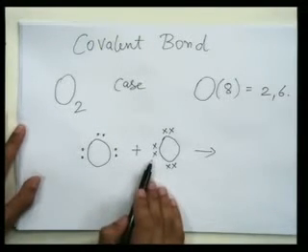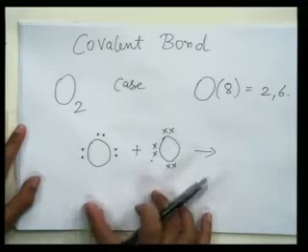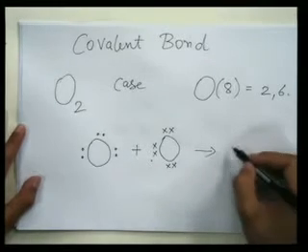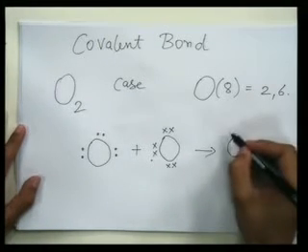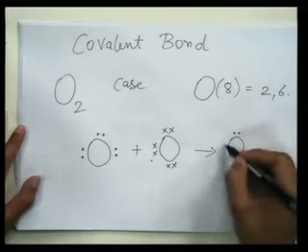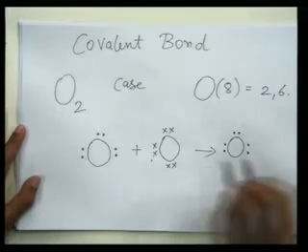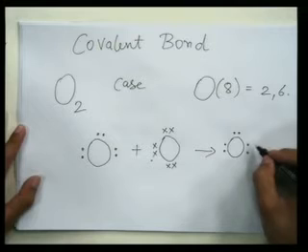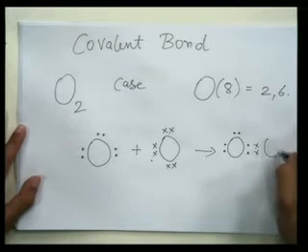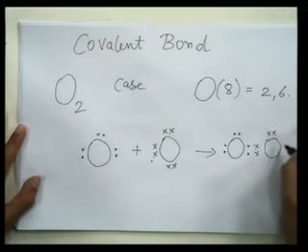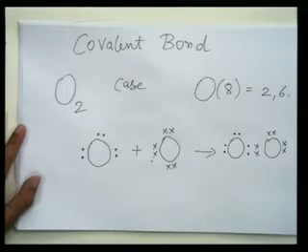These two pairs are shared between the two oxygen atoms. So we will draw it again. We can put here 1, 2, 3, 4, 5, 6, and from this electron pair will come. So we can share it here. So what happens here?